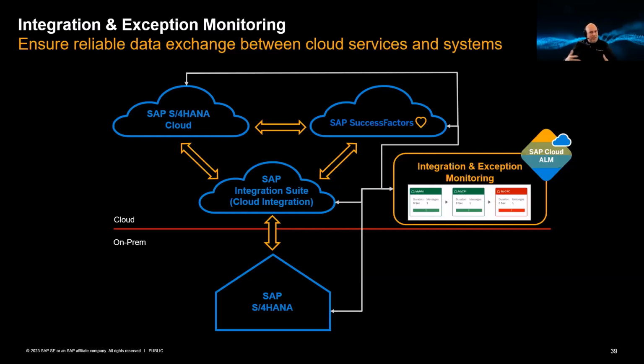We make sure the applications are working, but whether the business integrations are working with other products is something the customer still has to do. And we want to make that really easy to set up and take care of housekeeping, monitoring and performance. So we're looking at the on-premise side as well as the cloud side and providing the whole end-to-end view of these applications and integrations in one place so you can head off any issues.